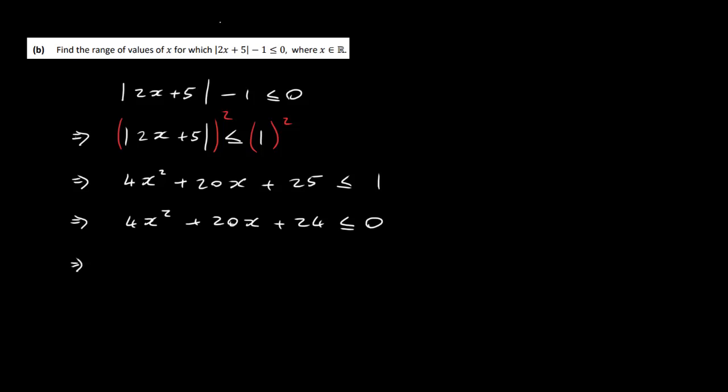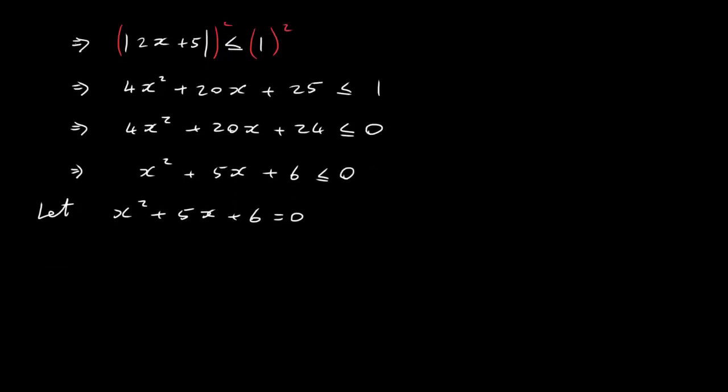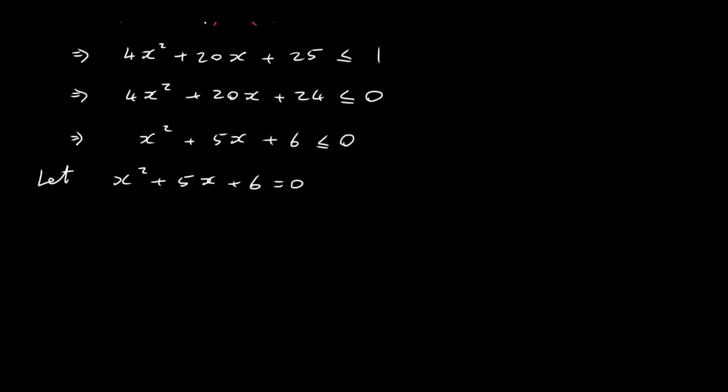Okay, I can see here that I can divide across by 4. 4 will divide into all 3 terms. So we end up with x squared plus 5x plus 6, 4 6's are 24, and 4 into 0 is just 0. Next thing I'm going to do to solve these things, you just let x squared plus 5x plus 6 equal to 0 first, because you want to find where the function cuts the x-axis.